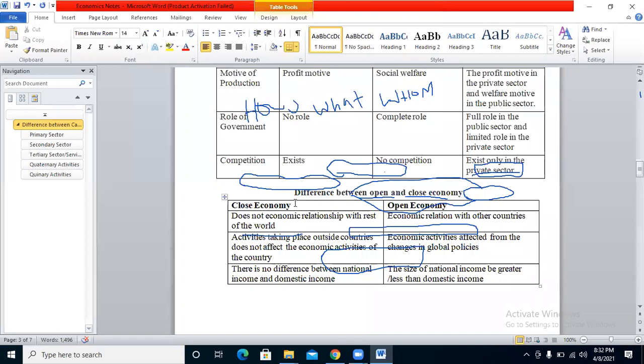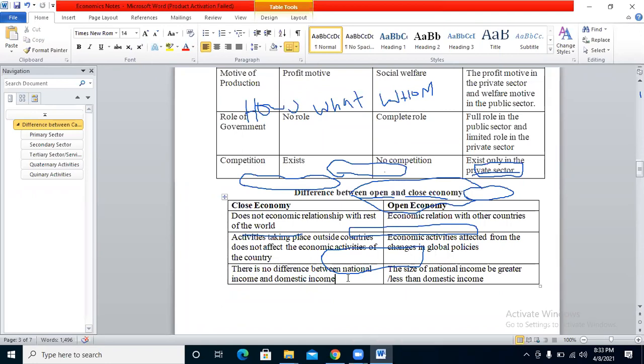But in the open economic system, economic activity is affected by changes in global practices or policies. In a closed economy, there is no difference between national income and domestic income, because you are not opening your economy to other countries. So your national income is the same as the domestic income.